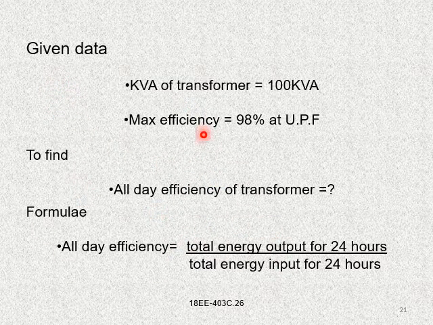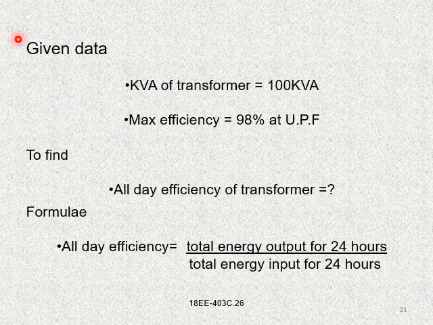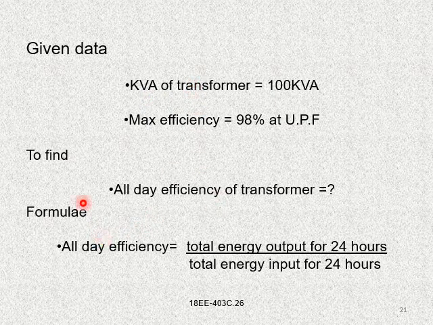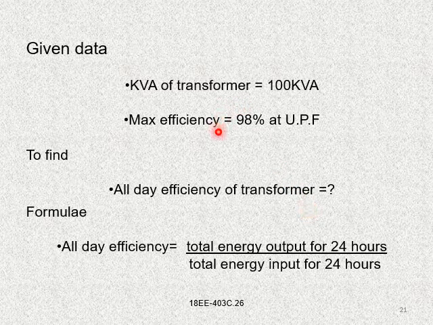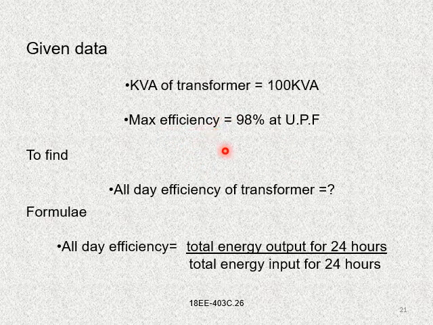The question was missing, so these are the given data to find all day efficiency, and the respective loads have to be given for this. Some loads are missing. You can take the loads of the previous problem and try to solve this problem.